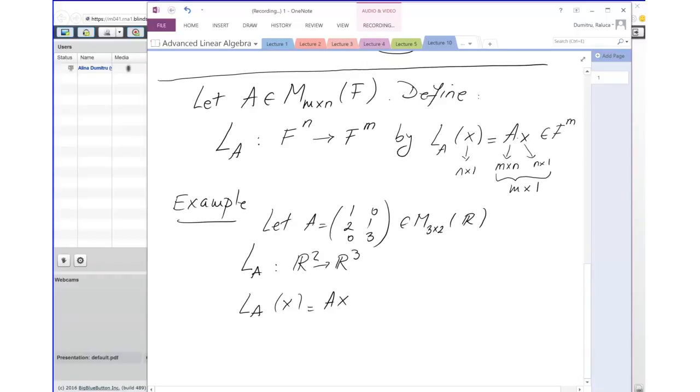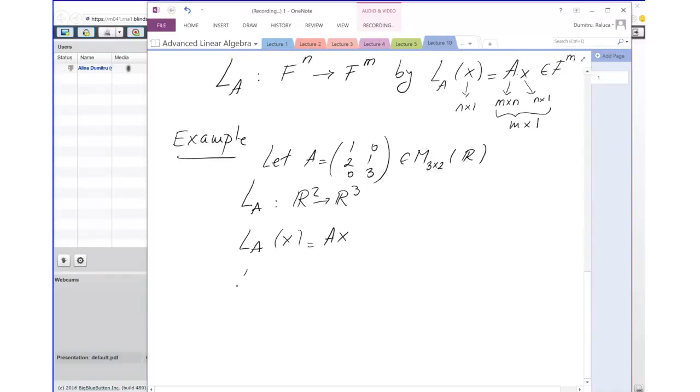By definition, left multiplication by A. So basically, if you take a vector in R2, which looks like this, x1, x2, you need to put A, which is 1, 0, 2, 1, 0, 3, times x1, x2. So it's a 3 by 2 times a 2 by 1.